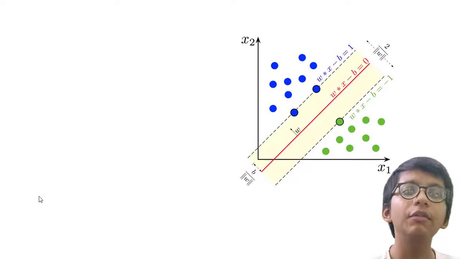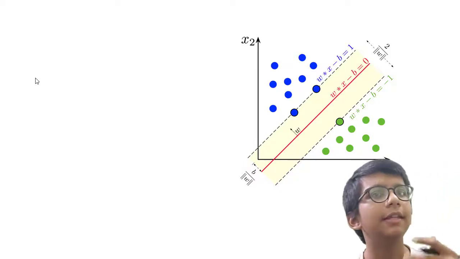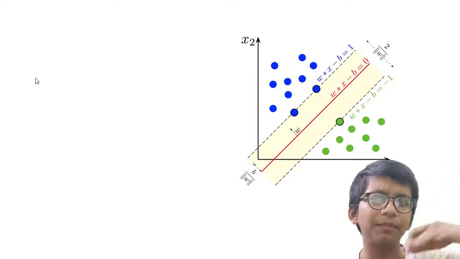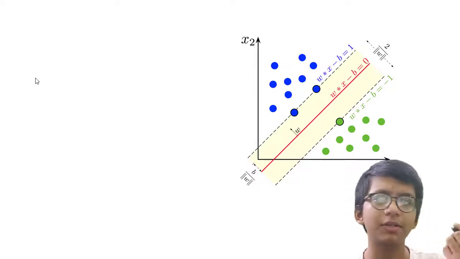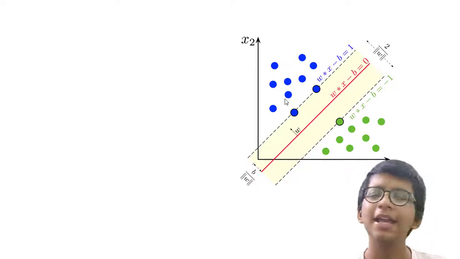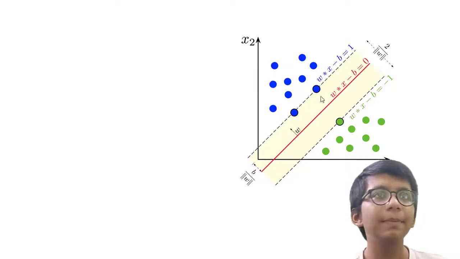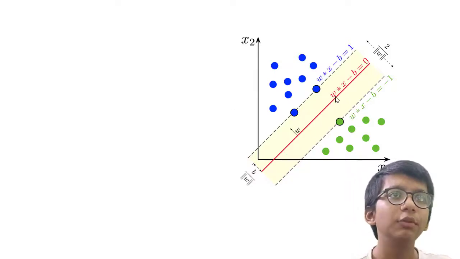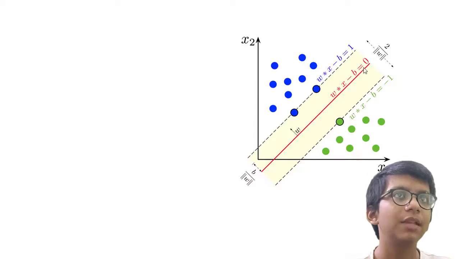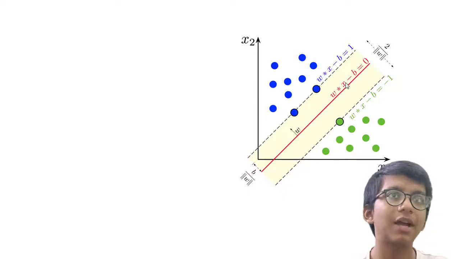What we were doing in linear classification is creating a hyperplane given some training data set, the same as we were creating before. This hyperplane is W times X minus B equals 0.